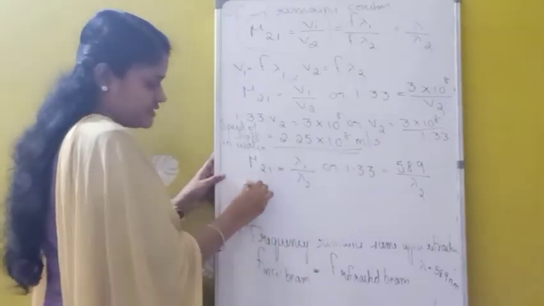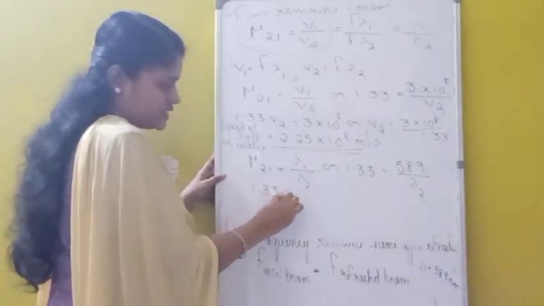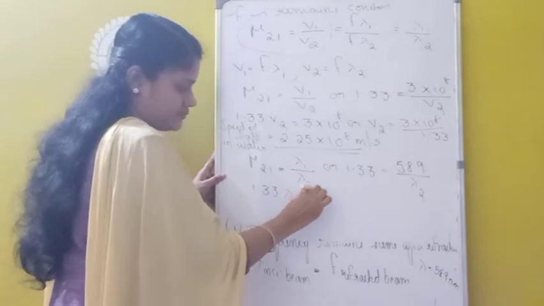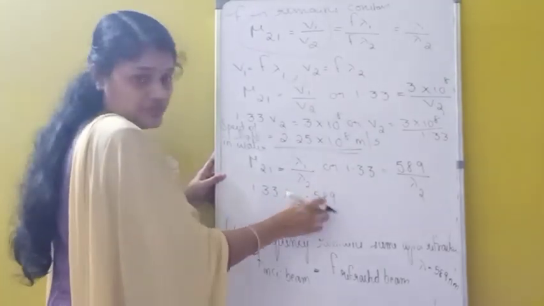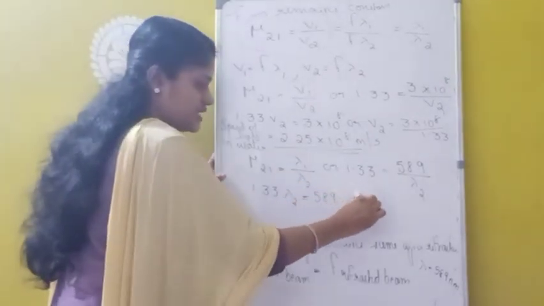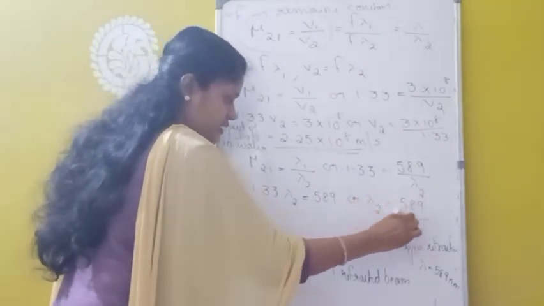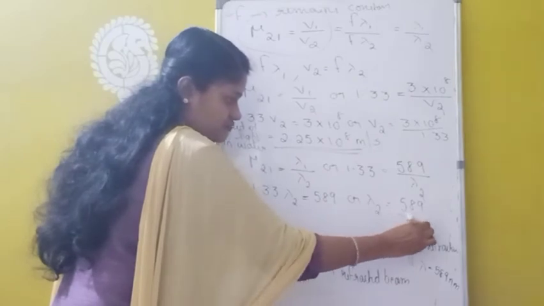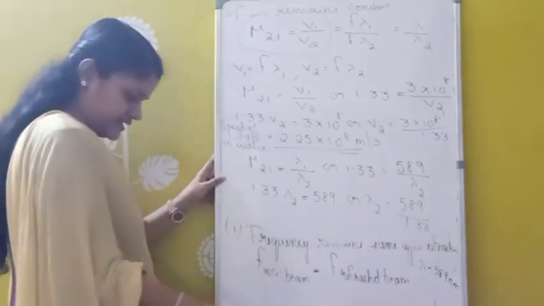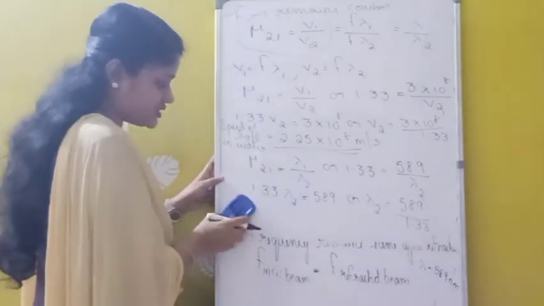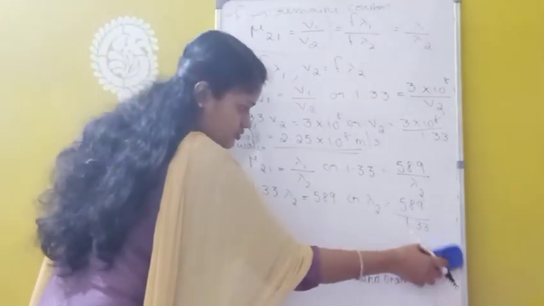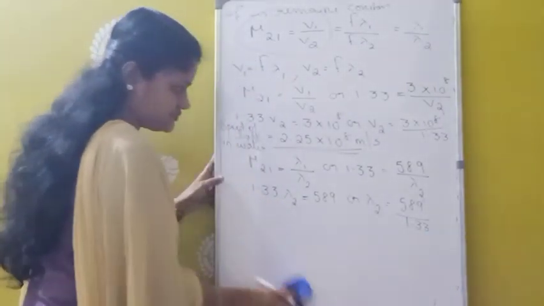Cross multiplying, 1.33 lambda 2 equals 589 nanometer. So lambda 2 equals 589 divided by 1.33. On dividing, you will get lambda 2 as 443 nanometer.